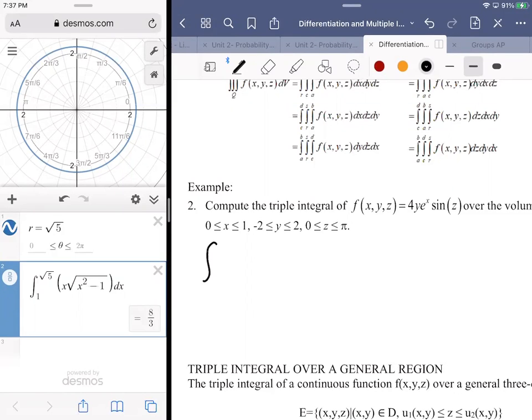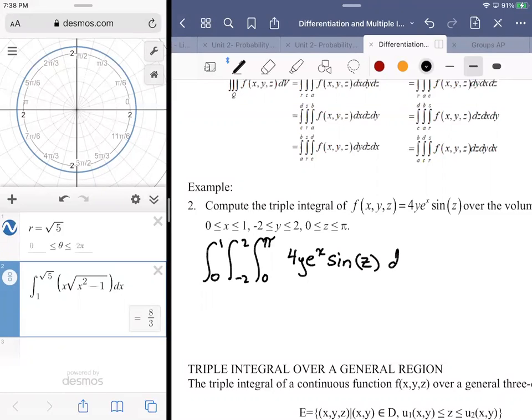So we would say, and we're using a rectangular base region, so I can do this in whatever order I want. So 0 to 1, I'll do it in the order it's presented. -2 to 2, and then 0 to pi, related to 4y e to the x sine of z.